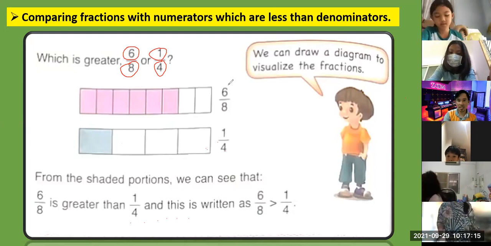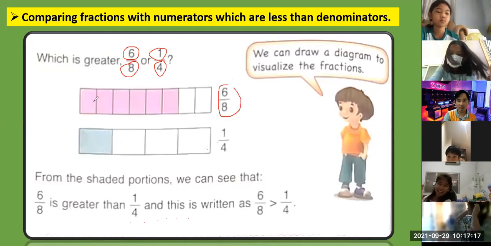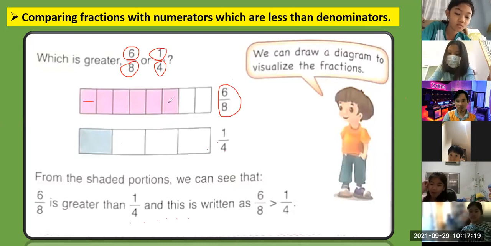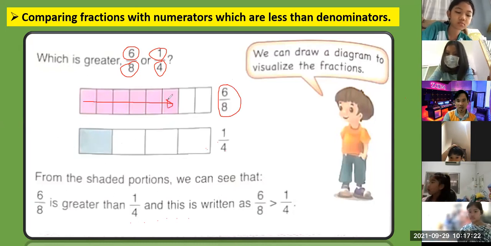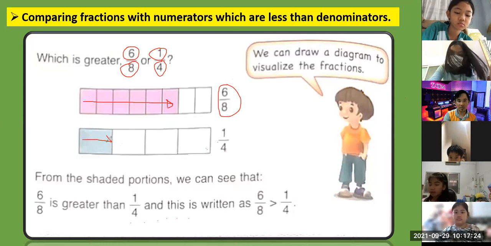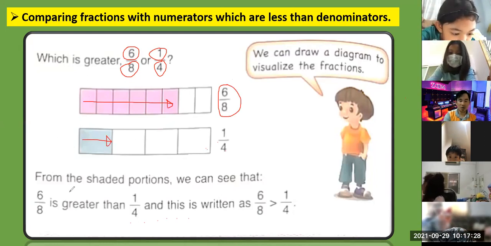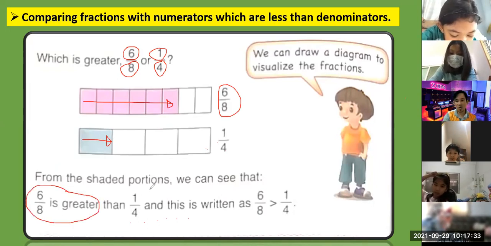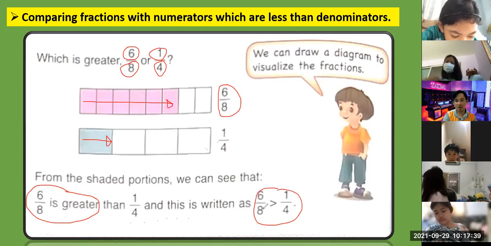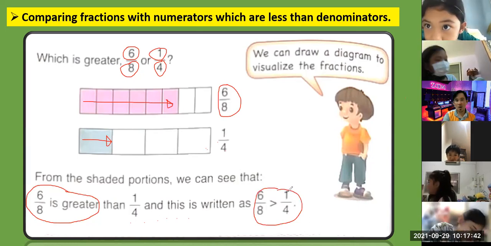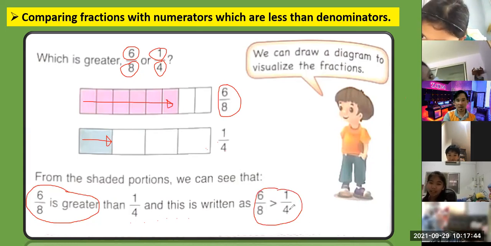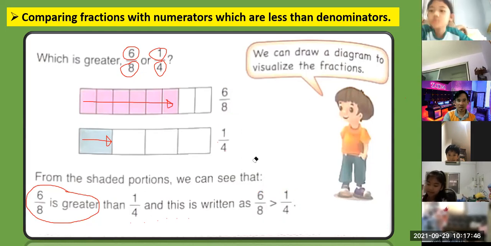So you will see that 6 over 8 is bigger. Why? A very long part is shaded, up to here. But 1/4 is up to here only. So you can see that 6 over 8 is greater than 1 over 4. So when you write, you can do it like this: 6 over 8 is greater than 1 over 4.